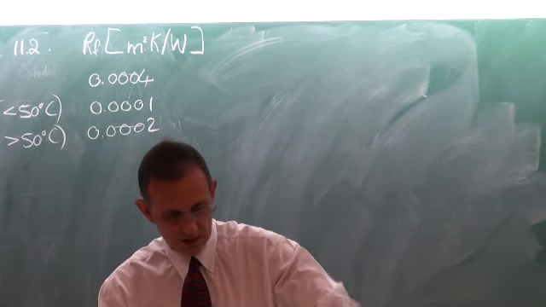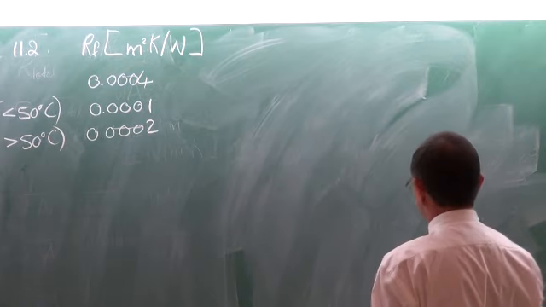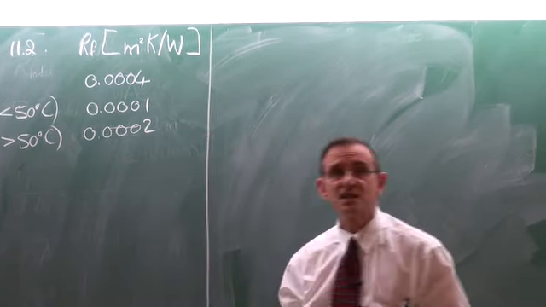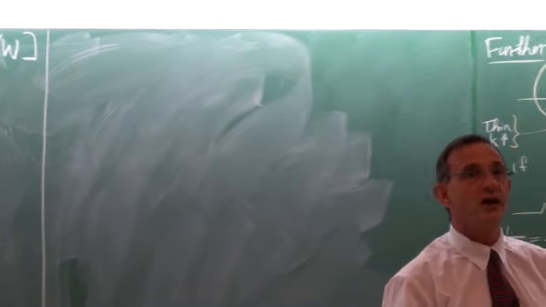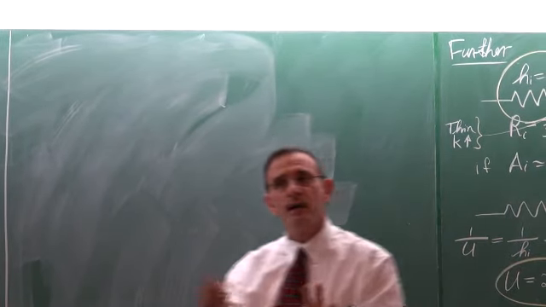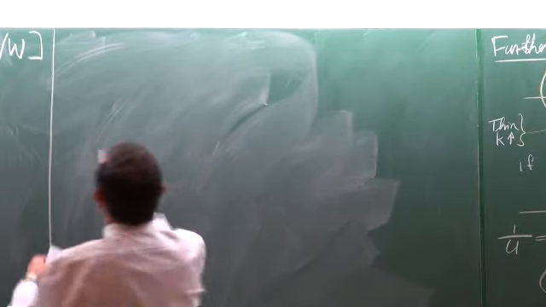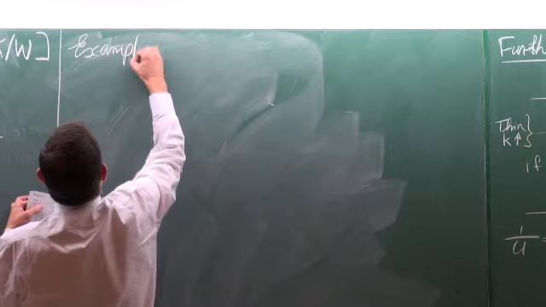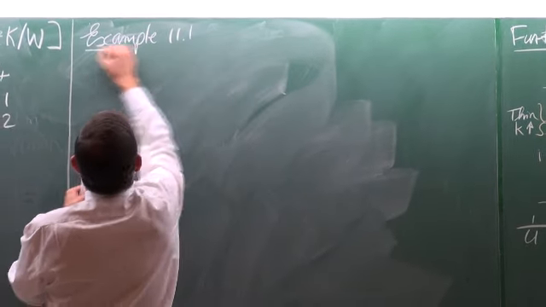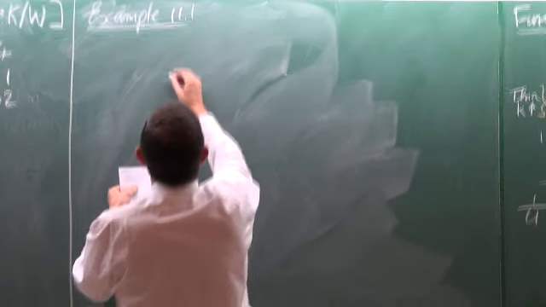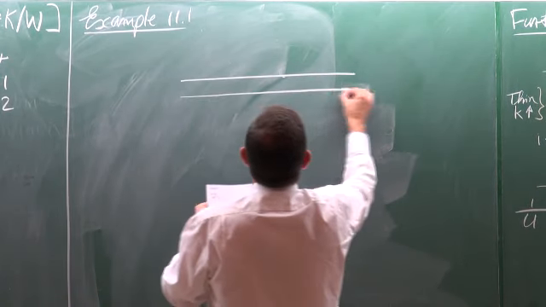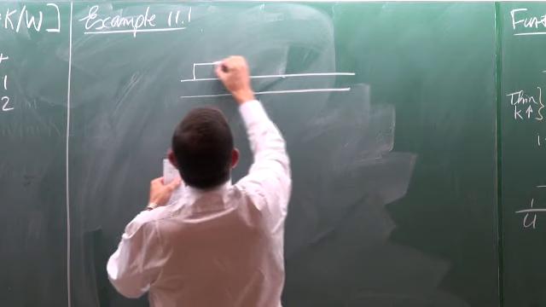Okay, let's start with an example. The example is based on example 11.1 in your textbook, but I've made a few changes. We have hot oil and a tube-in-tube heat exchanger.